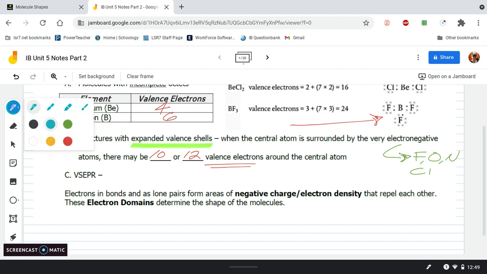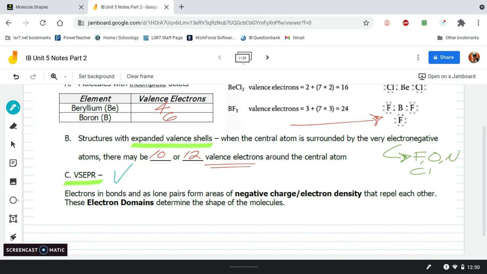Okay, here we go. Valence shell electron pair repulsion. Very important to know if you have a question that asks why is this shape tetrahedral? Why is this molecule linear? Why is it bent? Well, this is going to explain why.